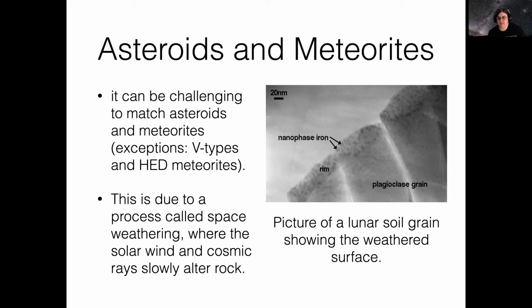Inside is less weathered than outside, so we can make a comparison, but for most asteroids, we're out of luck. And most meteorites have been altered as they came through the atmosphere. For the moon, we don't have to deal with the fact that our samples came through the atmosphere on their own. They were carried by the Apollo astronauts or robotic Russian missions.